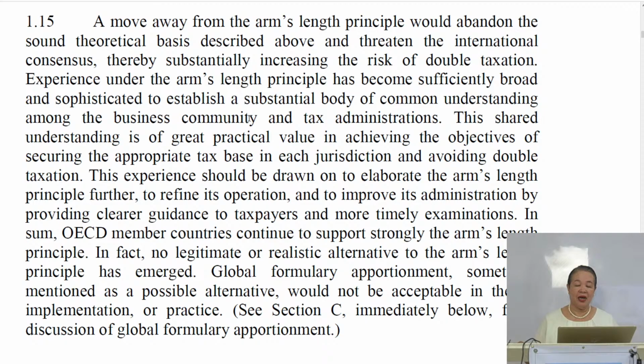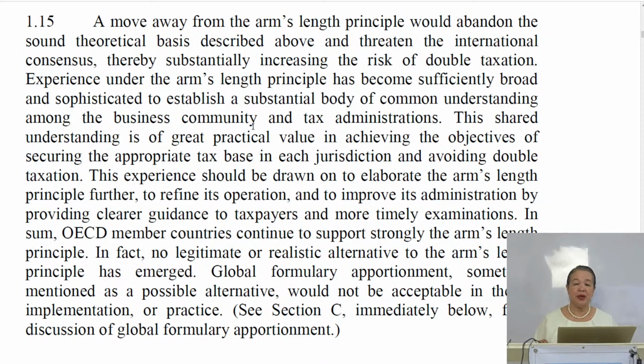One of the handicaps or problems is increasing the risk of double taxation. Why? Because when you tax the income of one entity that has already been taxed in the other entity, it will result in double taxation. But sometimes double taxation cannot be avoided, especially if the shifting of income is intentional.